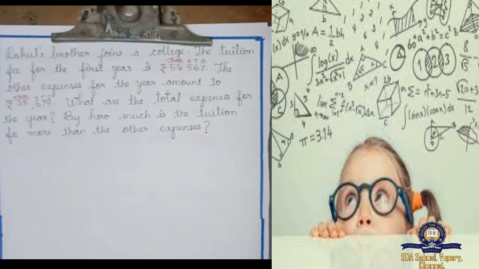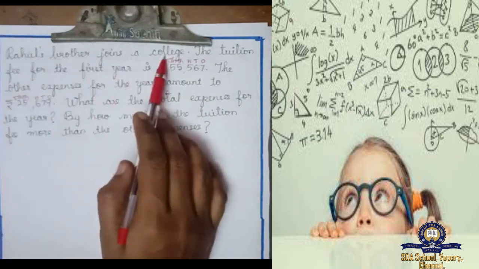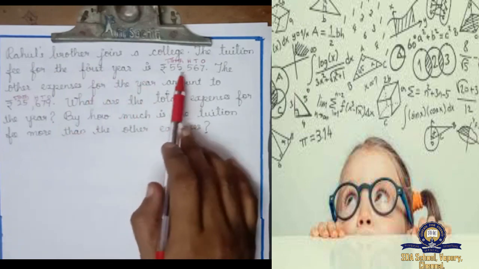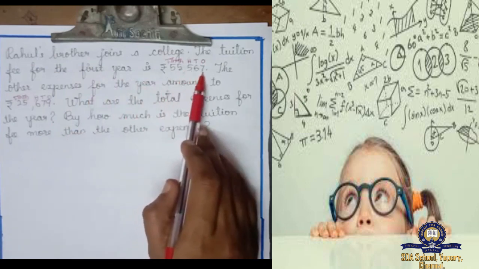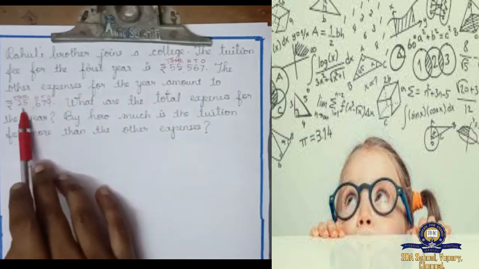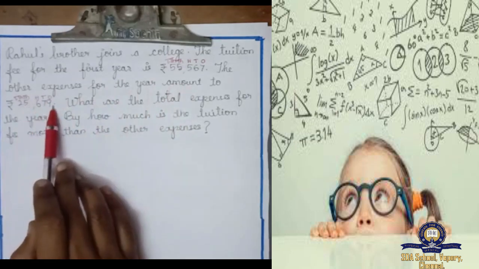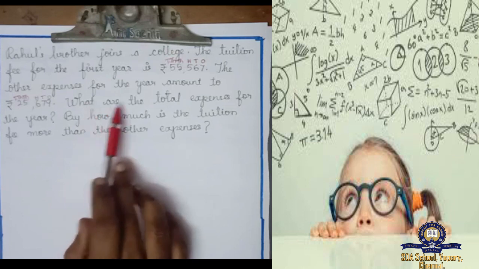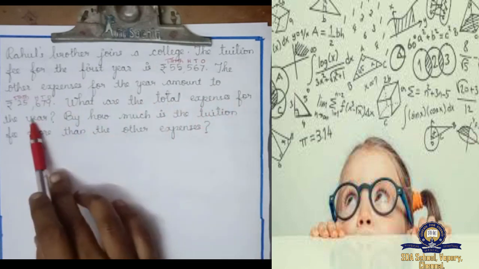Now you can see that Rahul's brother, he joins a college. Okay, so the tuition fee for the first year is 55,567 and other expenses for the same year is 25,679. So the first question, totally two questions they've asked. First question is, what are the total expenses for the year?